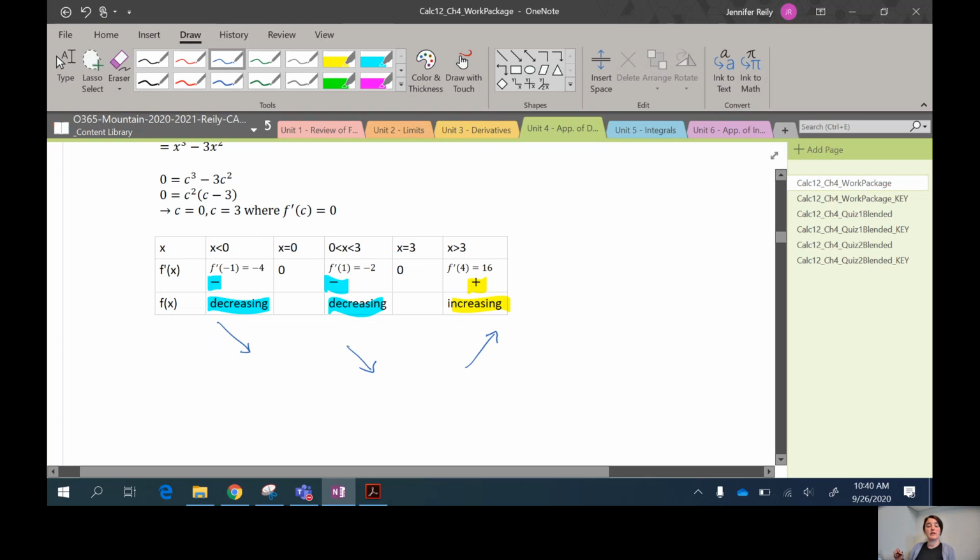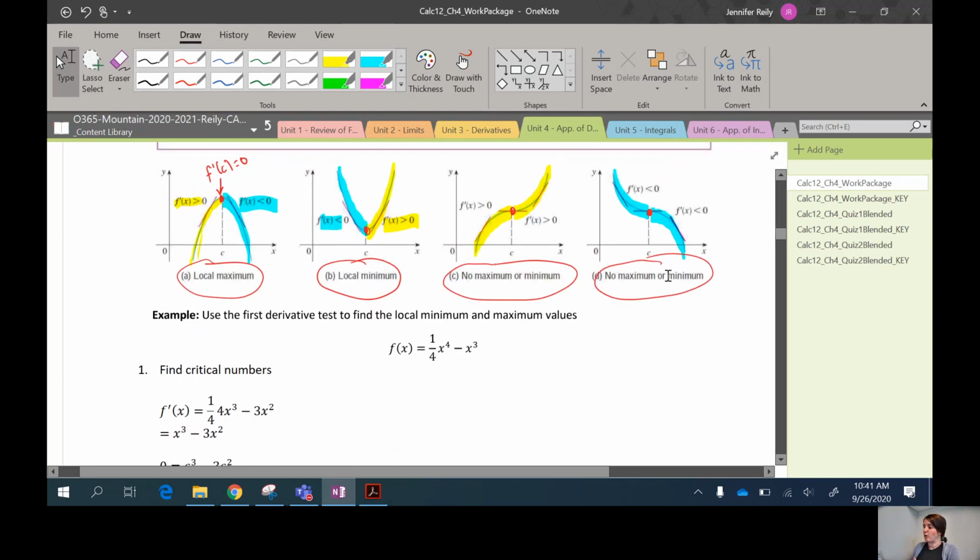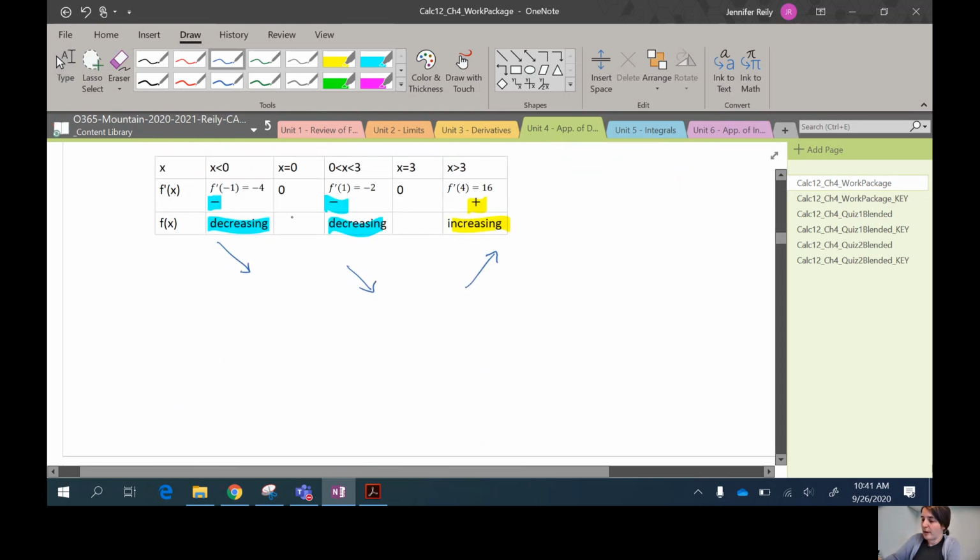Okay, so now I can tell what these critical numbers are, if they're maximums or minimums. This first scenario, let's just look up at our derivative test. If I'm going down and then further down, I don't have a max or a min. I'm in this fourth scenario here. So this is not a maximum or a minimum point, because it's not a y value.